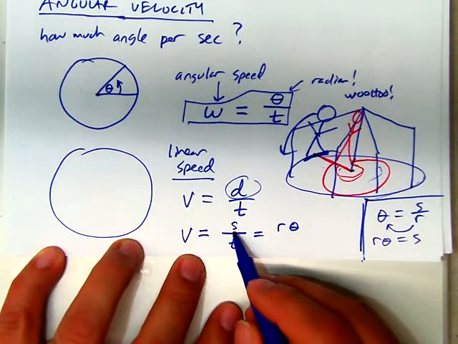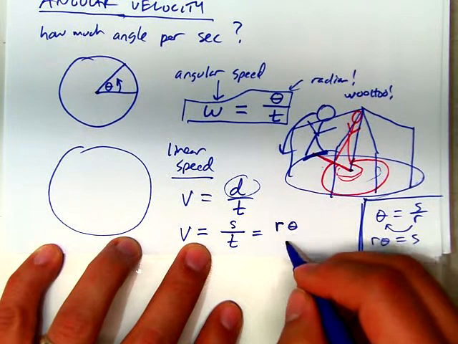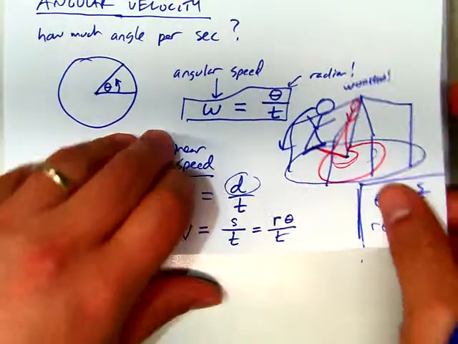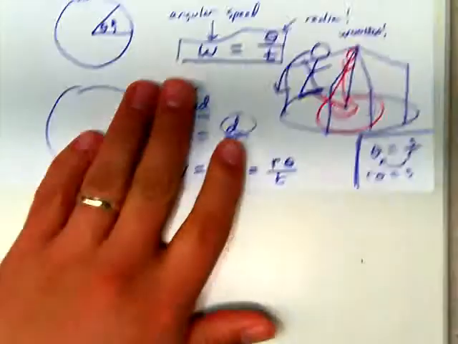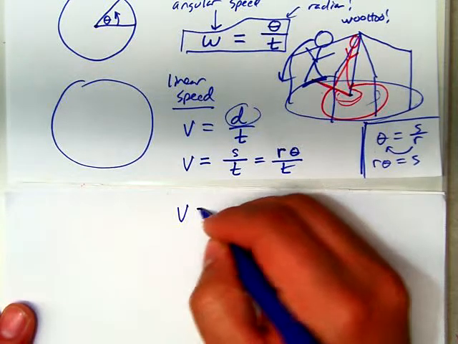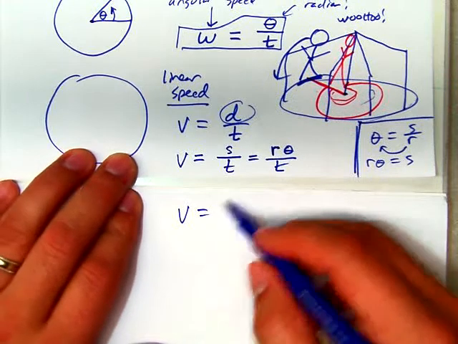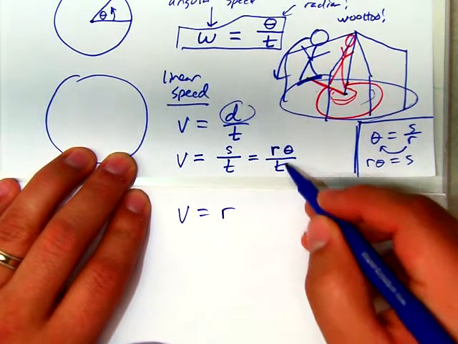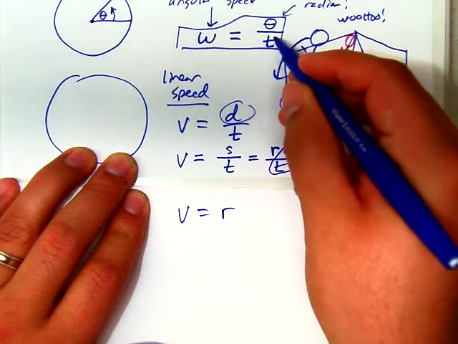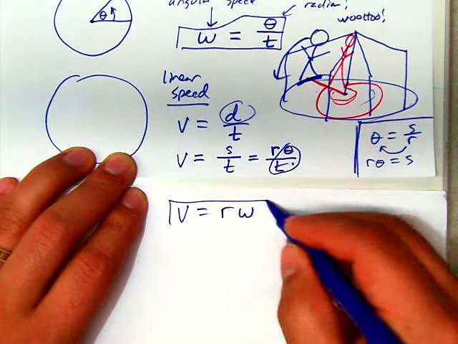So I'm just substituting for s r times theta. Okay, and now I'm dividing that by time. So now we get, if we simplify this a little bit, v equals r, and now theta divided by time is actually angular speed. Okay?